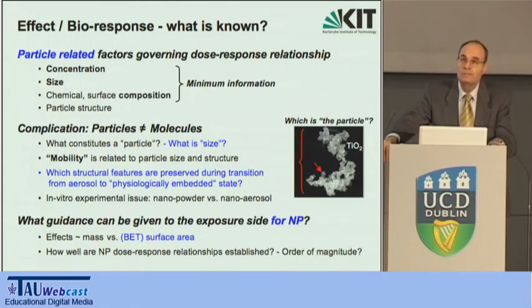A question which I've asked myself while preparing that slide is, how well are nanoparticle dose-response relationships established today? For a chemical engineer, as I am, I'd be drawing a line and saying, well, I have a response, and then I have varying concentrations, and I have various gradients from, let's say, between the inside and the outside of a cell, and therefore I get a dose-response relationship.